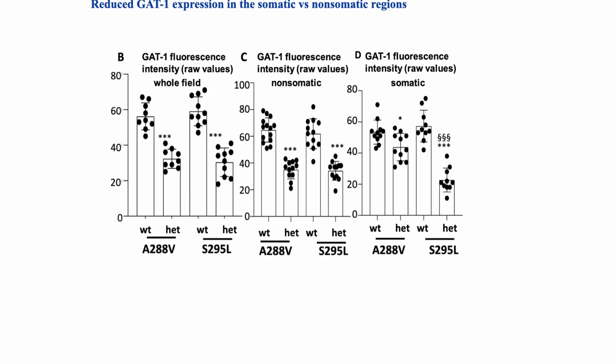And this is the quantification. We look at the non-somatic region, somatic region, the whole field. You see across all these different quantification measurements, you have a reduction. In the non-somatic region, you see very similar reduction in both mouse models. But in the somatic region, you see more reduction in Maxwell's mouse model. So I think this again suggests some protein is around the nuclear envelope, more in Charlie's mouse.